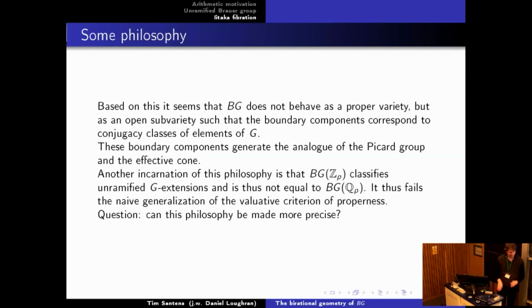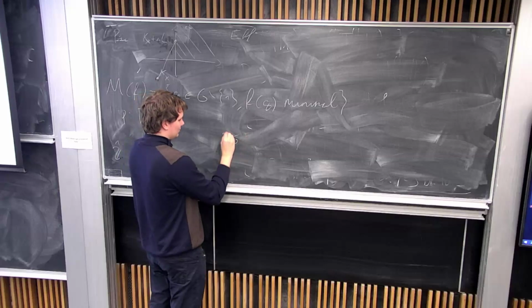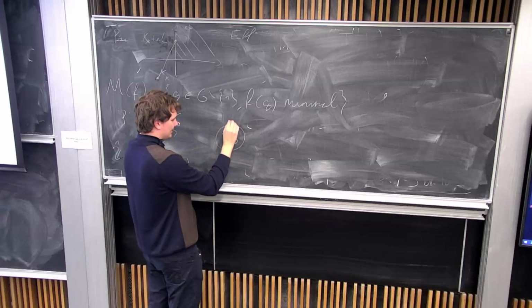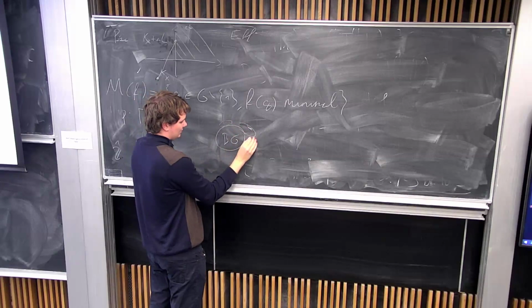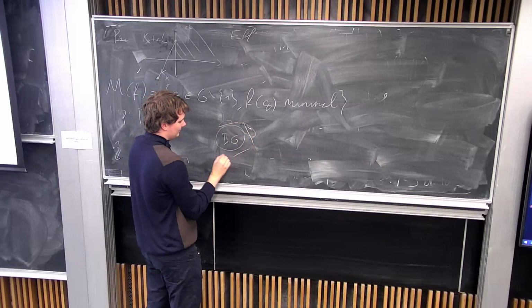So based on this and some other things, it seems that BG is a proper smooth stack, but it somehow doesn't behave as a proper variety in certain ways. It behaves as if it is an open subvariety of a proper variety, such that the boundary components of this open subvariety are conjugacy classes. So you have BG, which is open, and then somehow you have boundary components.